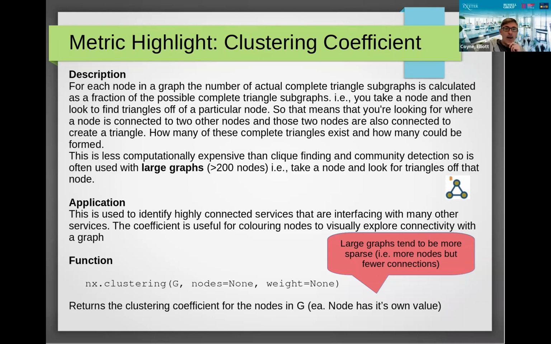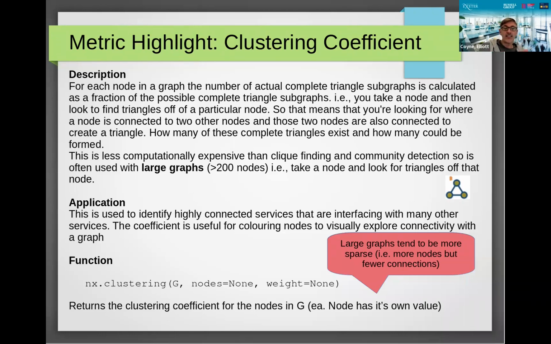It is less computationally expensive than other community and clique detection algorithms, and so often used when you've got larger data sets or larger graphs to consider. Really it's used to identify highly connected services that are interfacing with many other services.